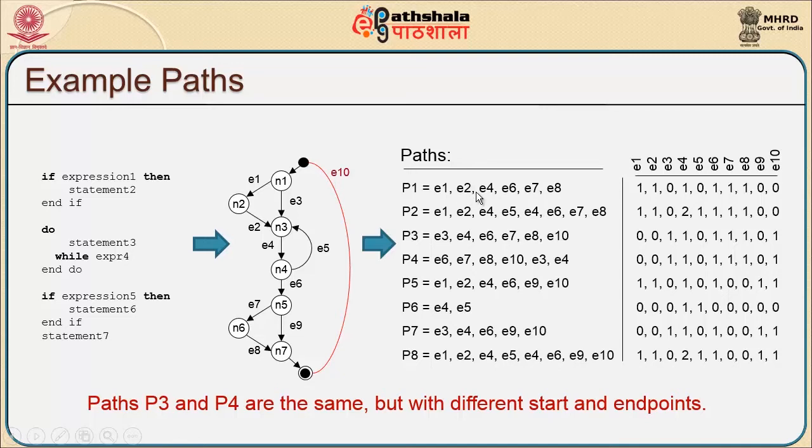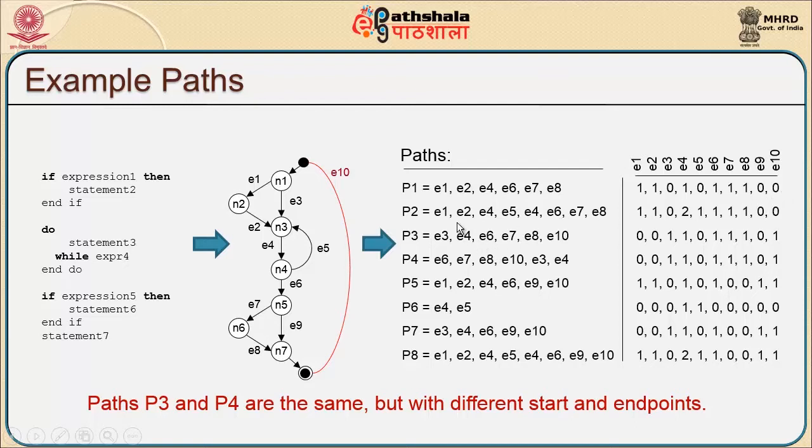Since I have not gone through edge E3, that has been replaced with 0. E4 again I have got 1, E5 I have not traversed, so it becomes 0. E6, E7, E8 exist, while E9 and E10 do not exist.